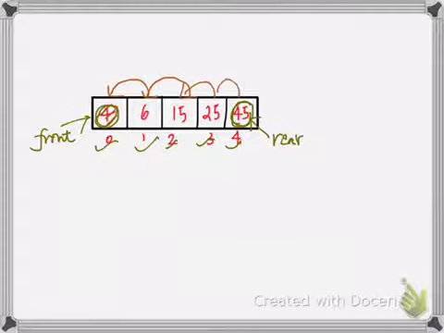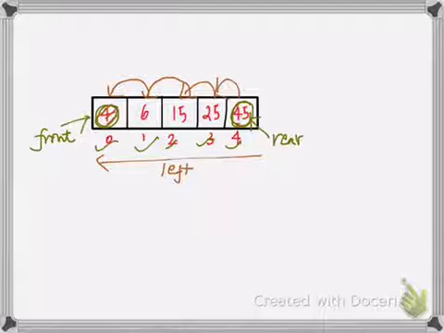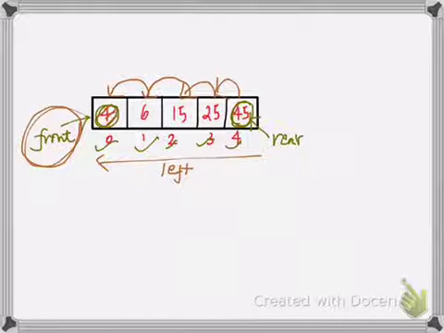So there is shifting of elements by one unit, either towards the left or towards the right. As our front is towards the left side, there is shifting of elements towards the left. If our front was right over here, then there would be shifting of elements towards the right.